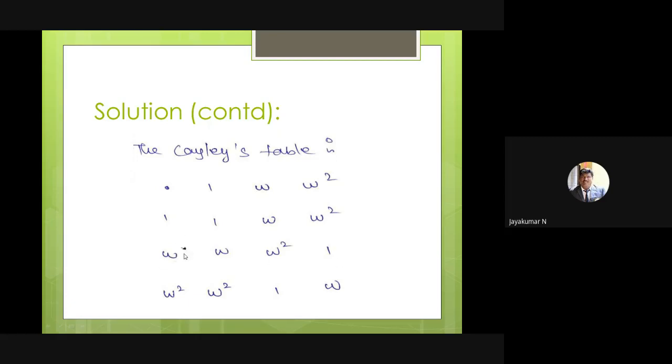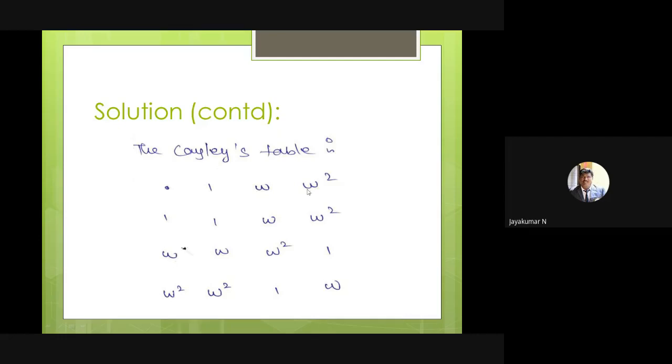So you need the inverse of omega. Corresponding to omega, find the identity element 1, then vertically you can get the inverse element. So the inverse of omega is omega square, and the inverse of omega square is omega. Suppose you want to find the inverse of some element: corresponding to the identity element, the element you find vertically is the inverse of your element.